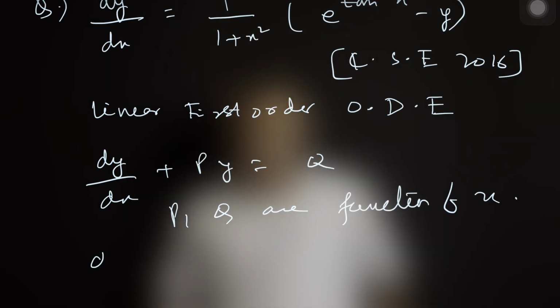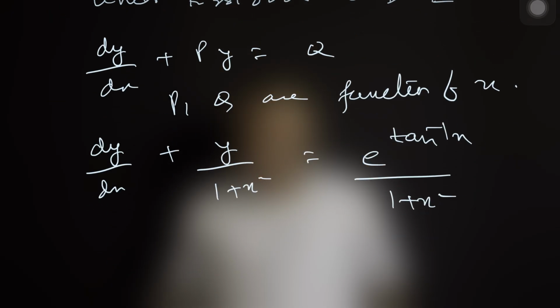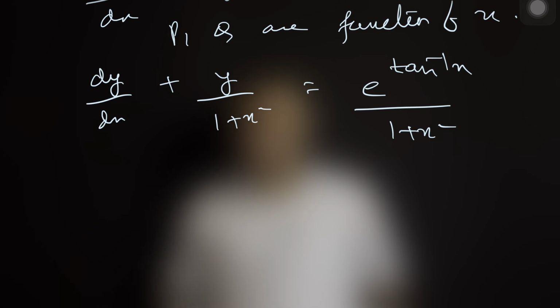So, does it look like so? If I write this as dy by dx plus y upon 1 plus x square is equal to e to the power tan inverse x upon 1 plus x square, this seems so.